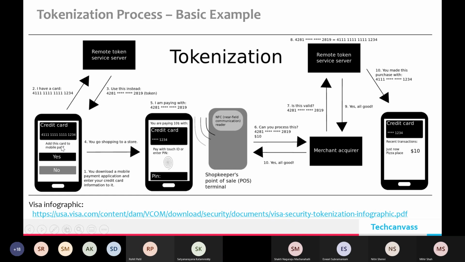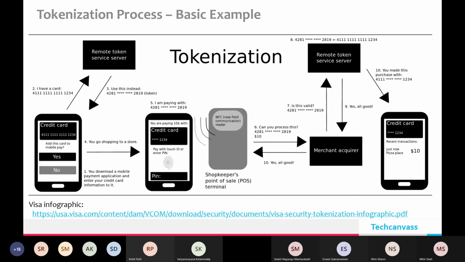So I got this card number. I went to the particular website, and I gave my tokenized card number and submitted the payment. Or otherwise I did a near field communication. After that it went to the merchant, and then from the merchant to the acquirer, and then finally the acquirer decrypted the token number, and they sent the authorization and the payment got authorized.